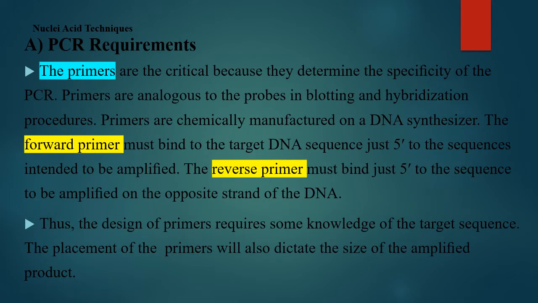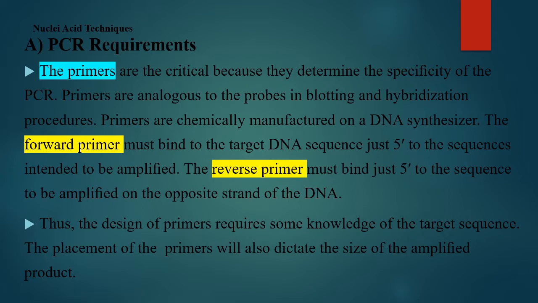Now let's look at the primers. The next useful thing we are looking at is the primers, like we mentioned in the other slide. The primers are critical because they determine the specificity of the PCR. Without a primer, you can't copy anything.